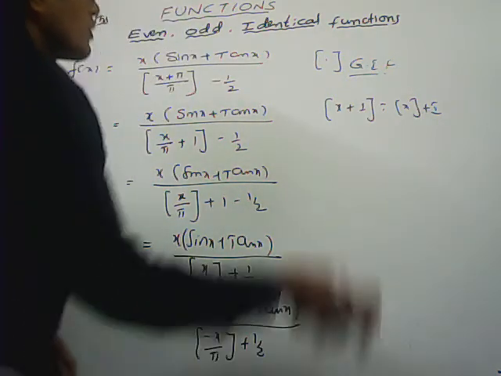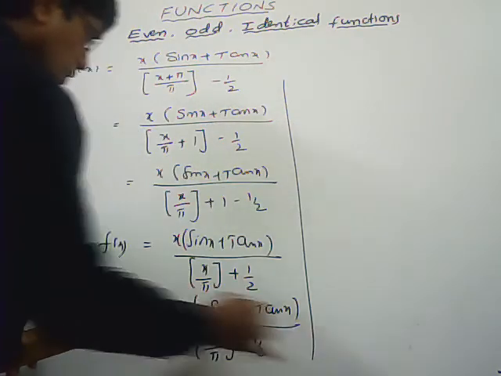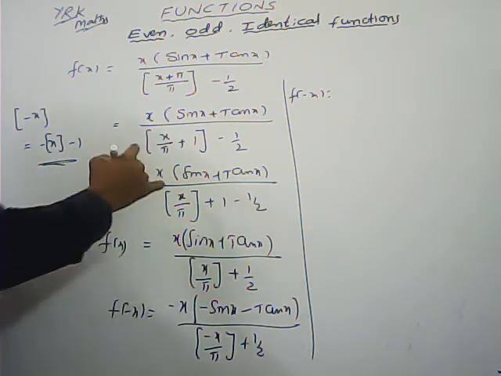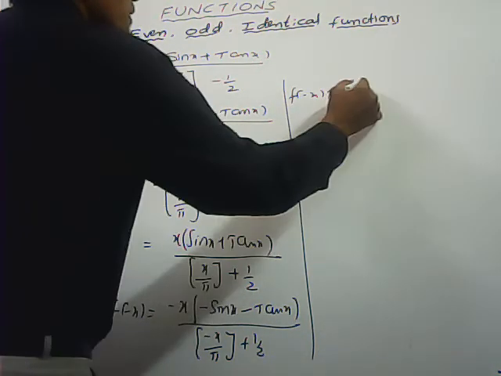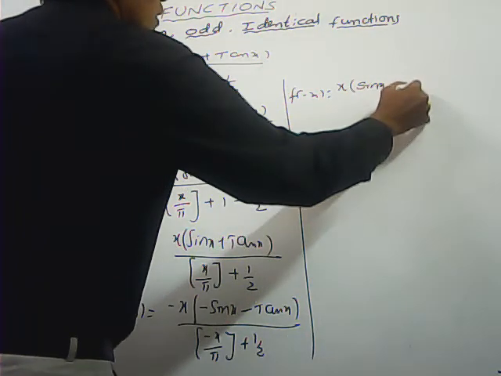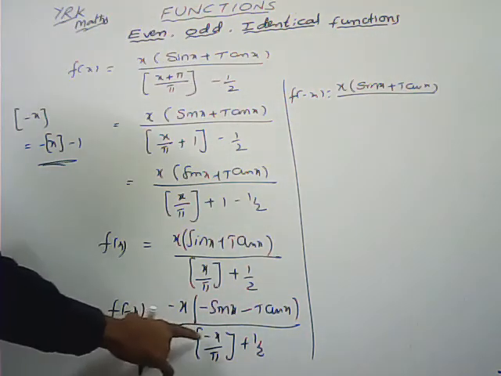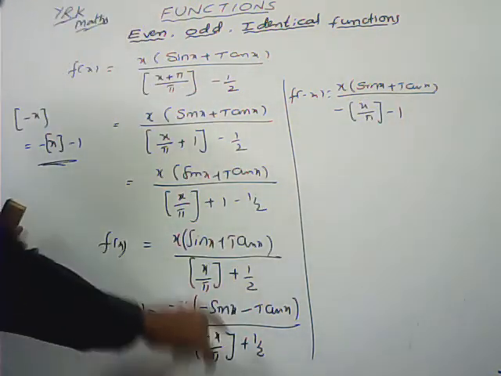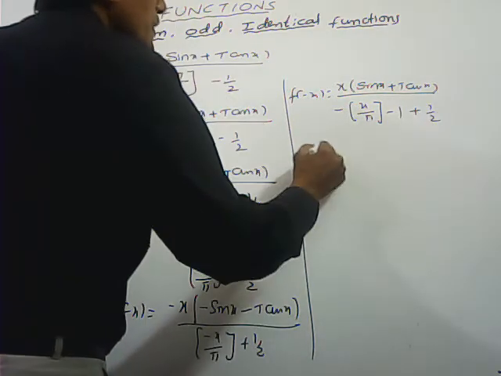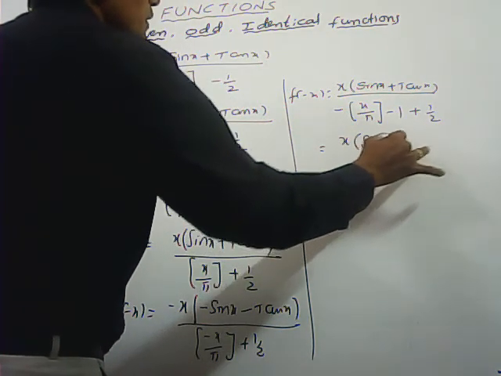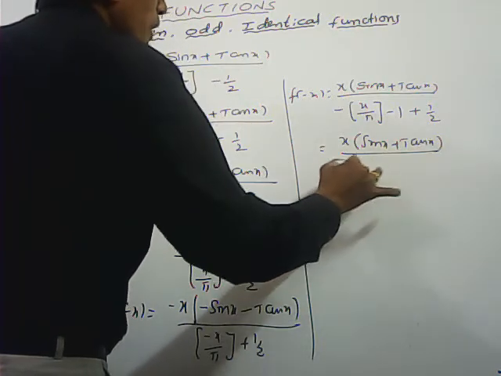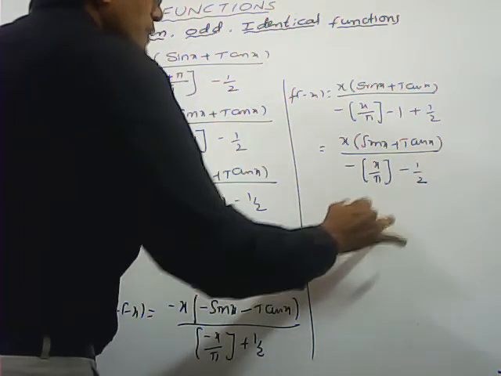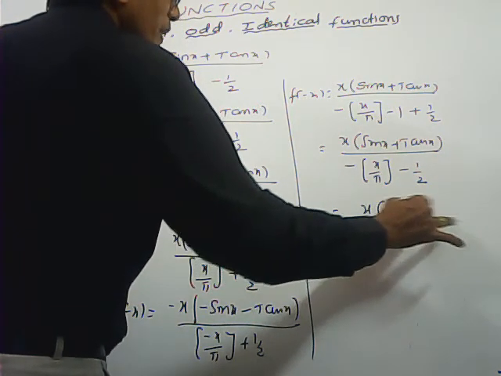Now here f of minus x, from these two terms you can take minus common, minus into minus is plus, x into sin x plus tan x whole by, here step of minus x we can write minus step x minus 1, here plus 1 by 2 is there, that is equal to x into sin x plus tan x whole by minus of step of x by pi minus 1 plus 1 by 2, that is minus 1 by 2.